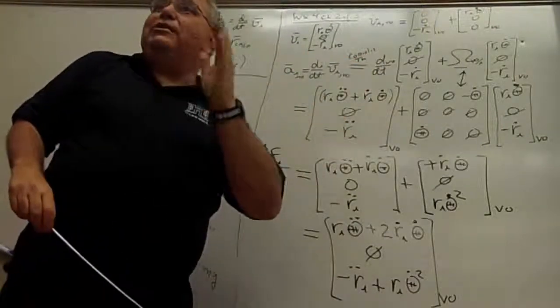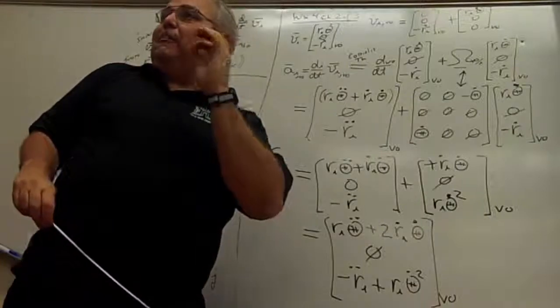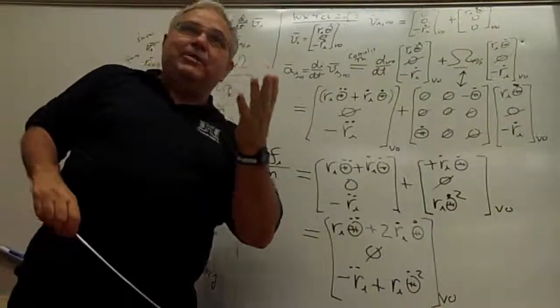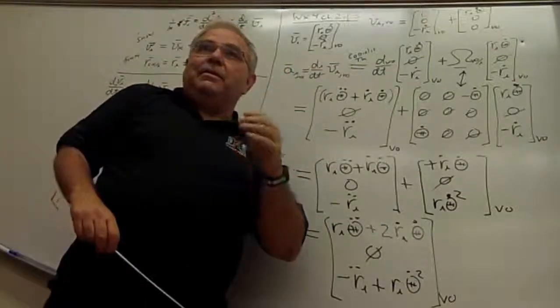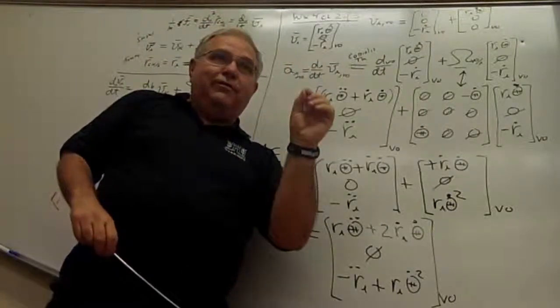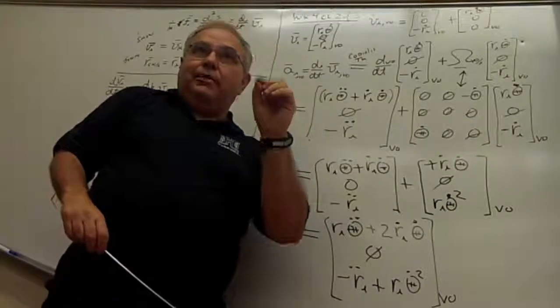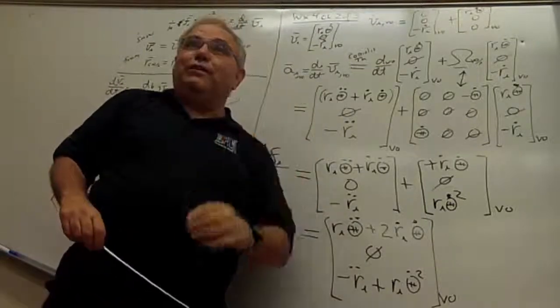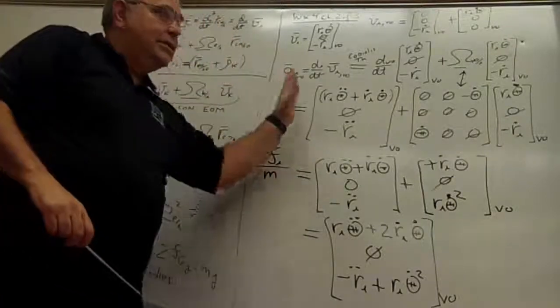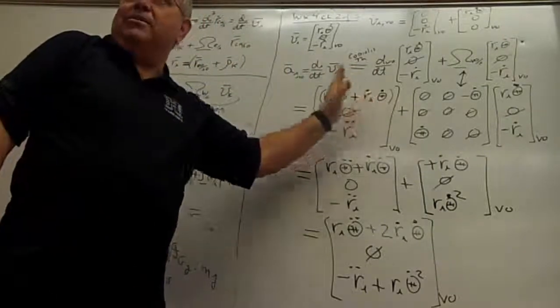You have to differentiate the basis vector. You see what I'm saying? So if you're differentiating a vector along JK, that vector would be the derivative times JK plus that number times JK dot. You have to find JK dot, the derivative of that unit vector. This notation allows you to skip all that.